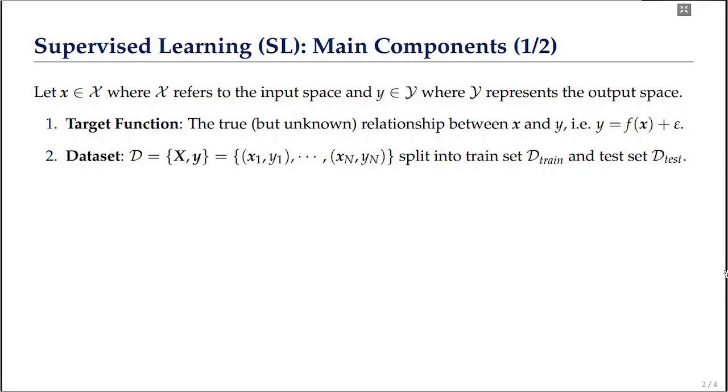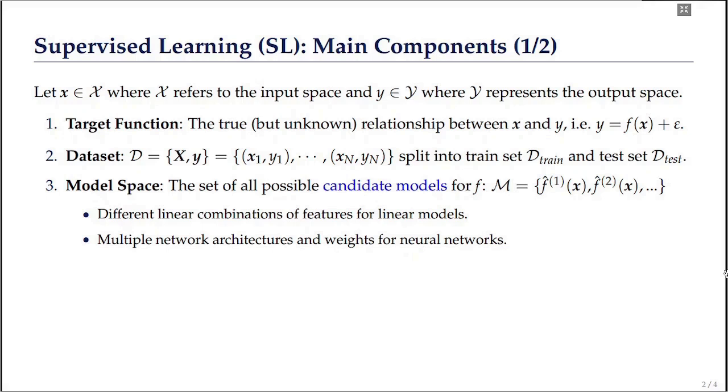The third component of supervised machine learning is model space, which consists of the set of all possible candidate models for approximating the target function f. Let's say this model space is M, consisting of f hat 1 of x, f hat 2 of x, and so on.